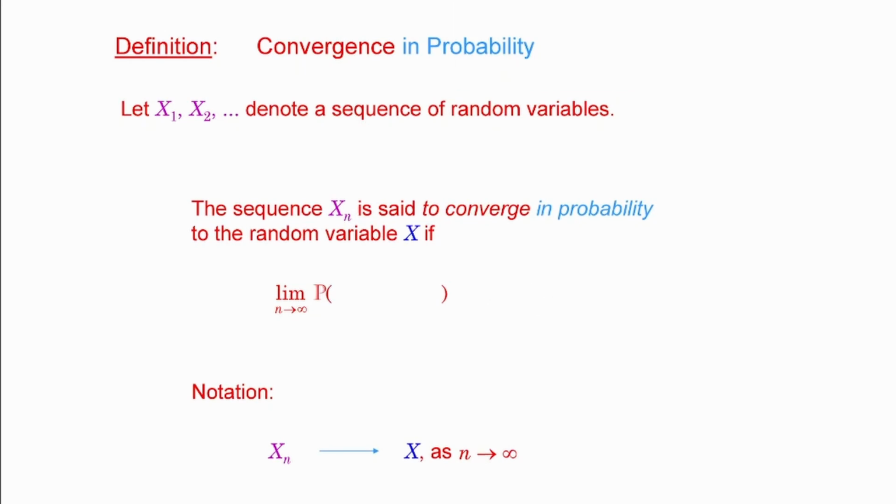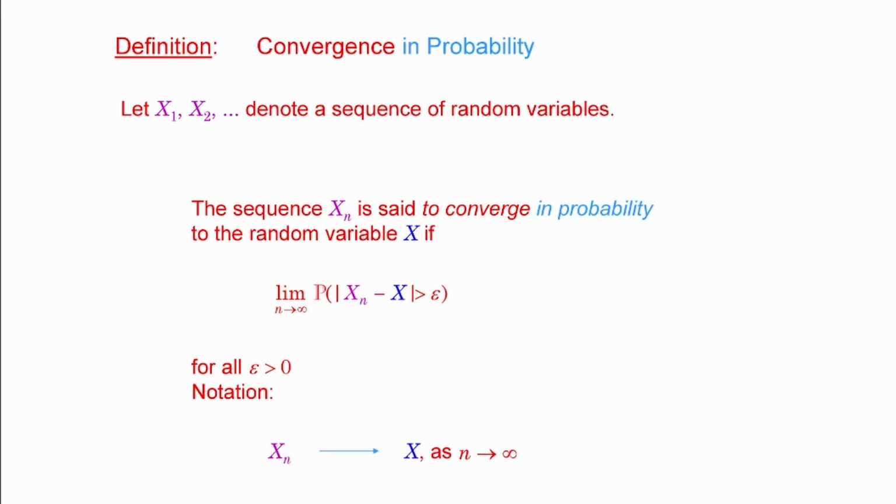It happens if the distance between the members and the limit exceeds a certain value. Because if this is happening, then it would indicate that it's not converging. Epsilon is just a distance, a fixed distance no matter what.